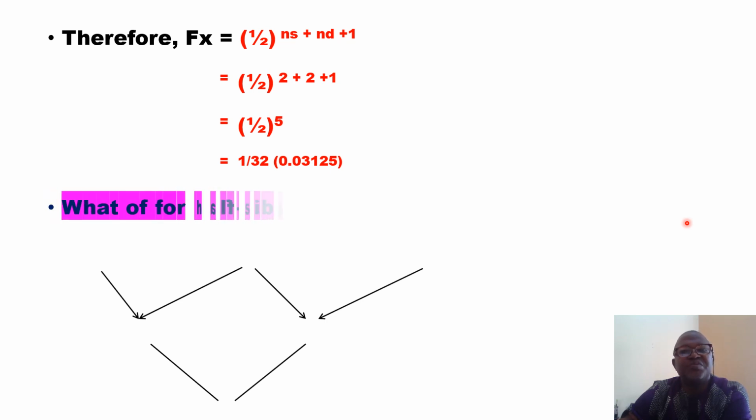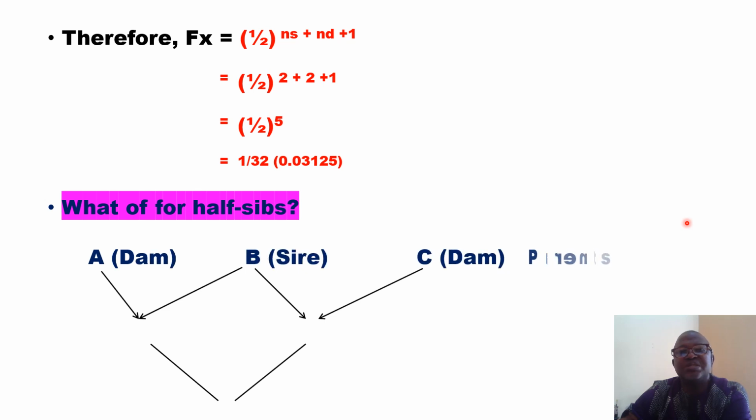But what if this calculation is for half sibs and not the half cousins? So this is dam A, the sire is B, and C another dam. These are the parents, and these are the half sibs. Our interest is in their progeny.